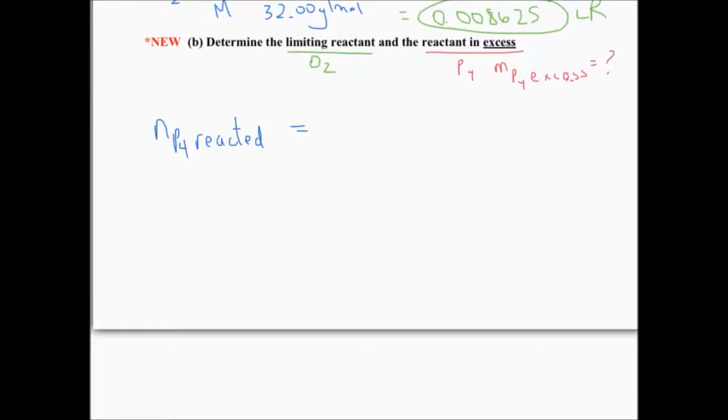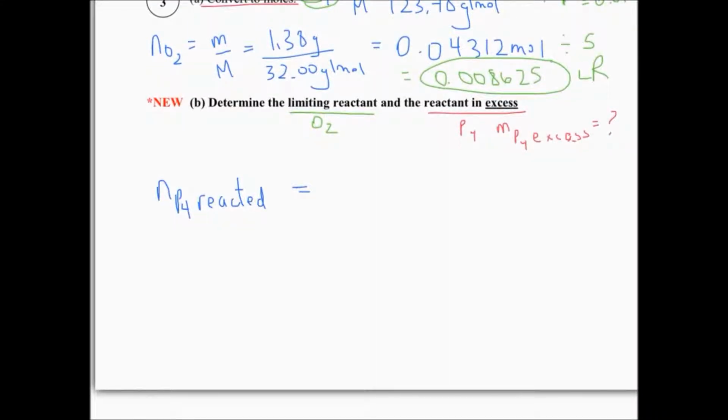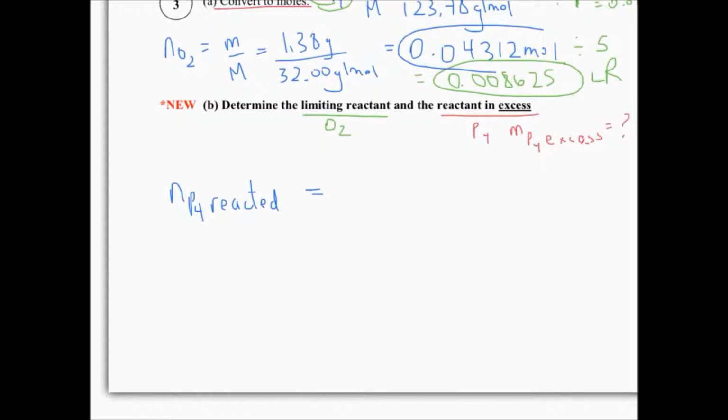We start off with how much O2 we have, which is 0.04312 moles, and multiply it by the molar ratio.